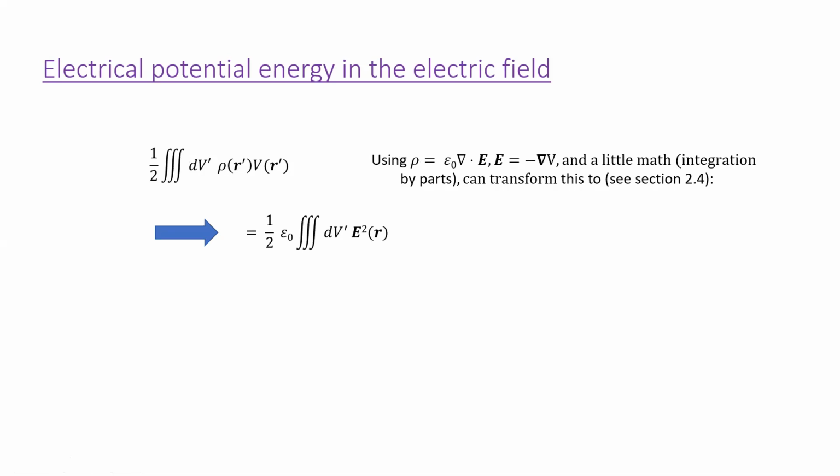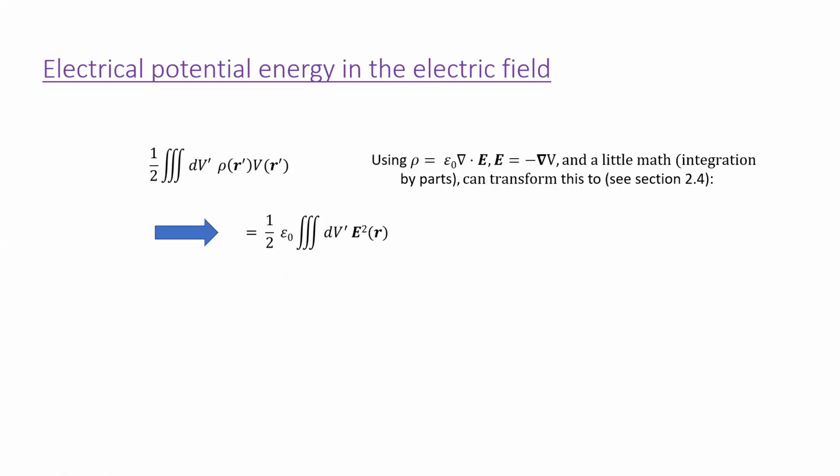It's possible to show that we can express the energy in the electric field, the electric potential energy, in terms of the electric field itself. So the 1/2 stays, and we have epsilon naught times the integral over all volume of E squared, the square of the electric field magnitude. Or you may say, how do you square a vector?